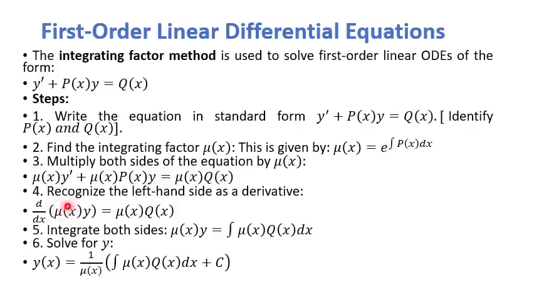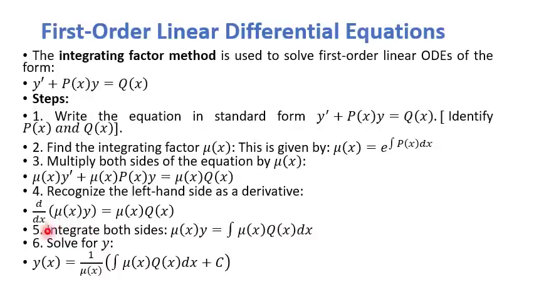The derivative will be in the form of the integrating factor multiplied by y. The derivative of the integrating factor and y will usually give us everything on the left-hand side. We will also see more on that when we begin to solve problems.